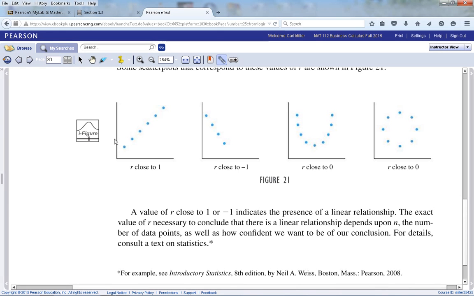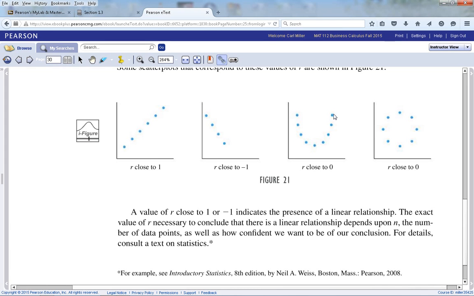It really depends on the scale of x and y. In the second graph, r is going to be close to -1, but in this case, the magnitude is close to 1, but the sign is negative. So r may be -1, or it may be -0.999.